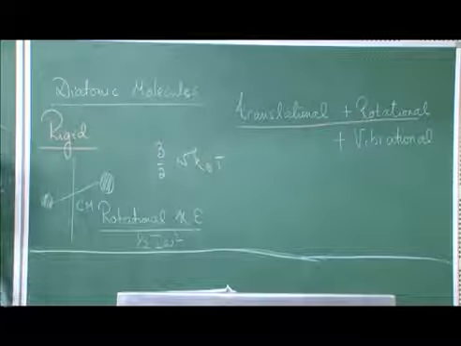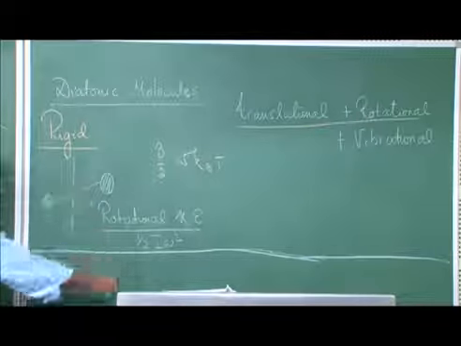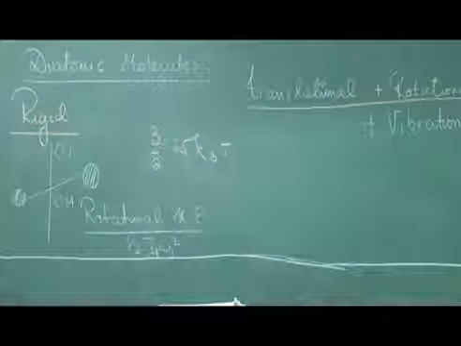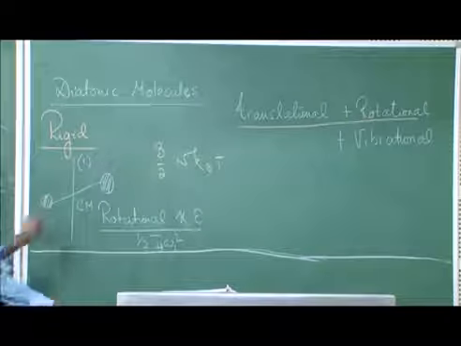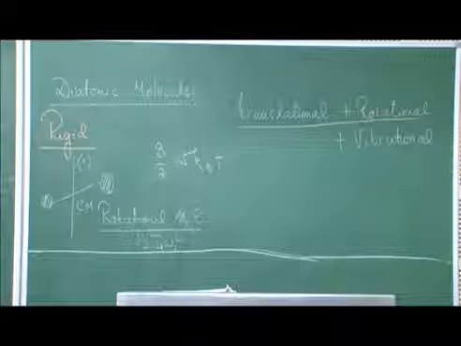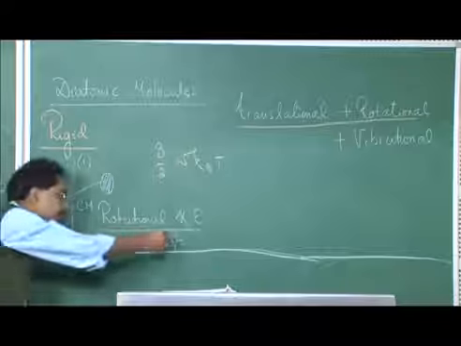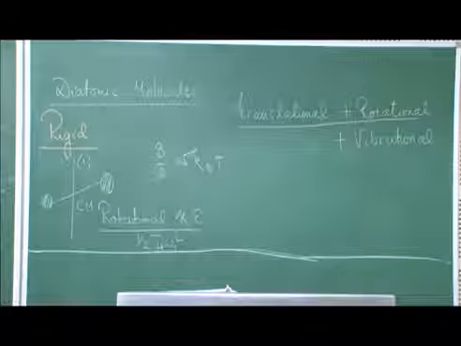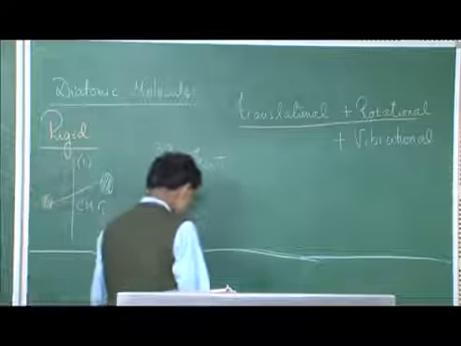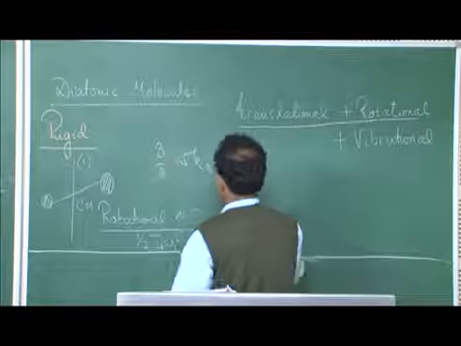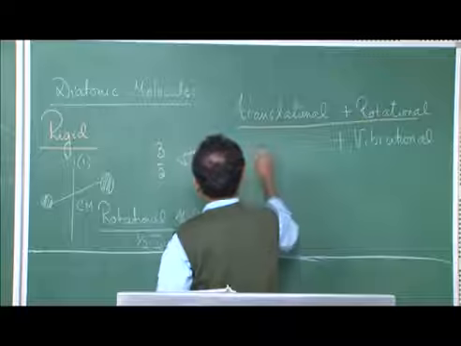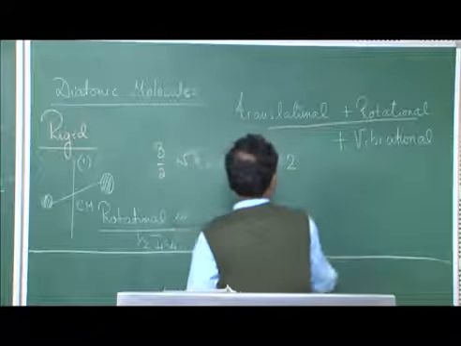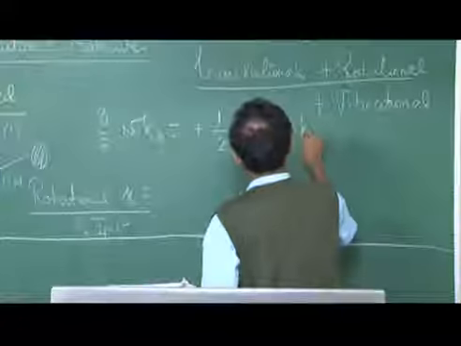Two of these terms will come. Moment of inertia, let us write it of this form corresponding to axis 1 we have drawn, and there will be another corresponding to axis 2. Once again this quadratic form is very important, with angular velocity, and will give me half kT. So, I will be getting another half kT into 2 because of 2 rotational degrees of freedom, plus 3 by 2 kBT from translation.